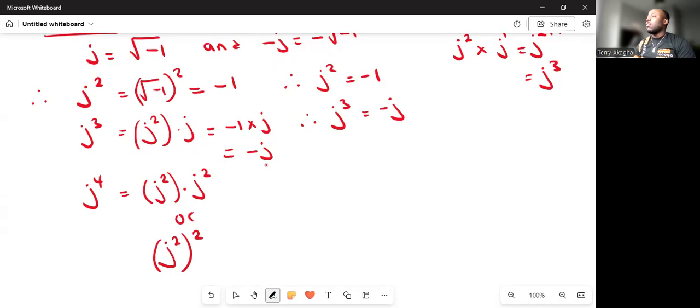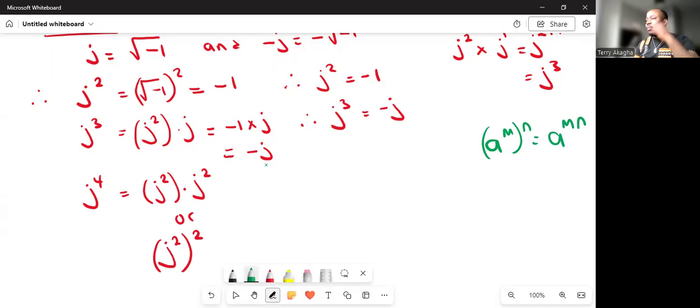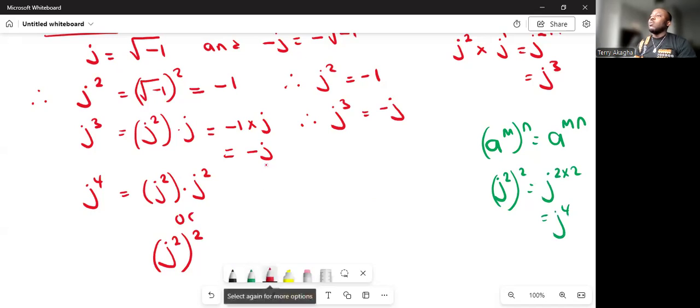Remember in the laws of indices, I told you that a raised to the power m, all raised to the power n, is the same thing as a raised to the power mn. So J raised to the power 2, all raised to the power 2, is J raised to the power 2 times 2, which is J raised to the power 4.